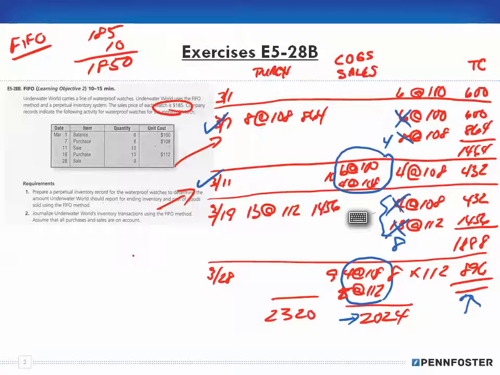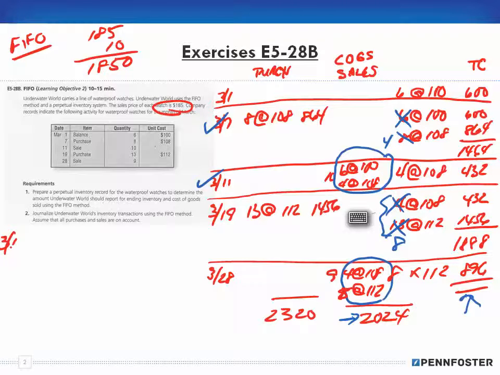Go back through that process. Watch the theory videos on how to make a journal entry when you don't know how, and you can see somewhat of the thought process to be able to make those initial entries. But once you've made the entry for the purchase and the entry for the sale, then these entries for 3/19 and 3/28 actually become the same entries, with just the difference being that you have different amounts.